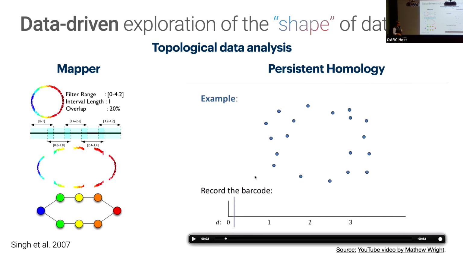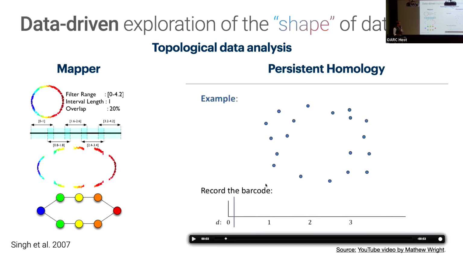But the idea of persistent homology is, do you guys know about this by any chance? Any one of you? Okay, so let me try then. If you have a bunch of dots and you want to know the shape of this object, just like mapper, we want to know whether this is a closed loop or not. And the way it is done is slightly different than mapper. In this case, you take each point and you literally start blowing it up.